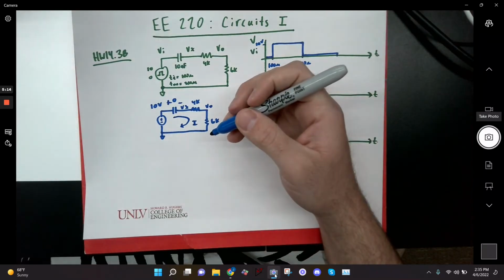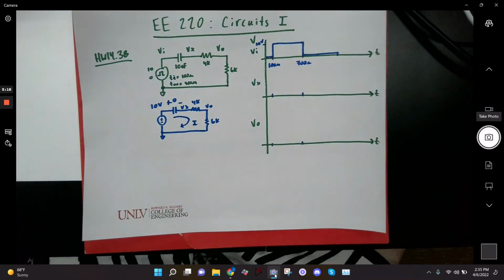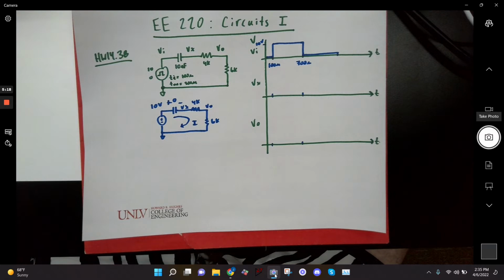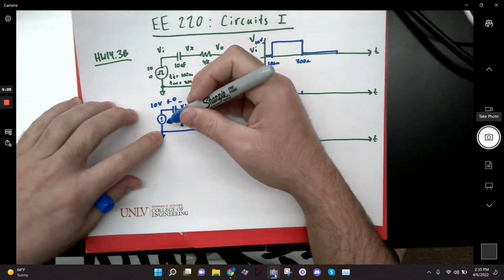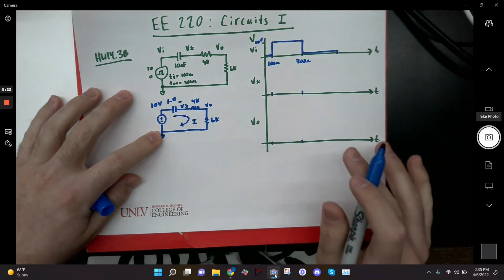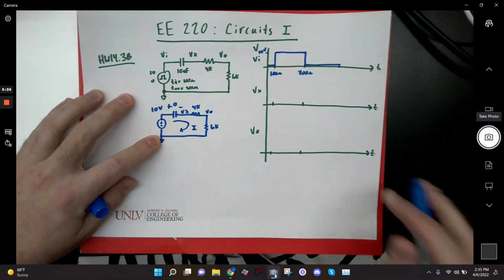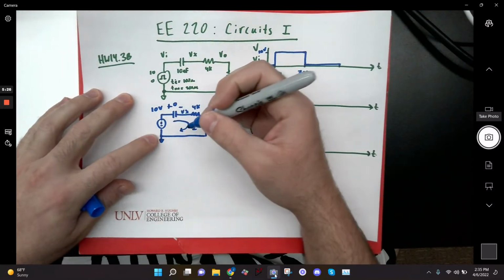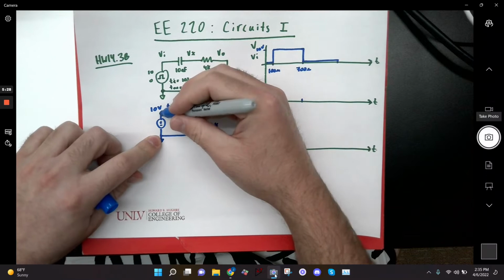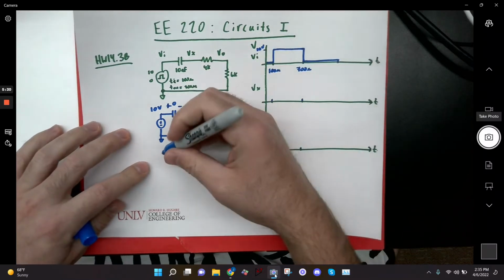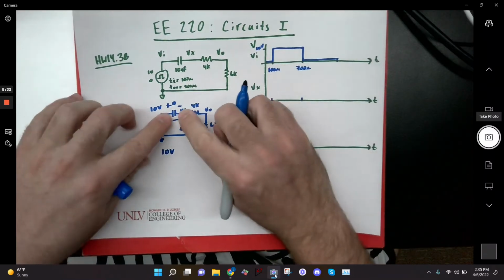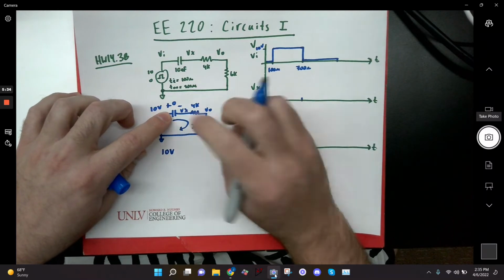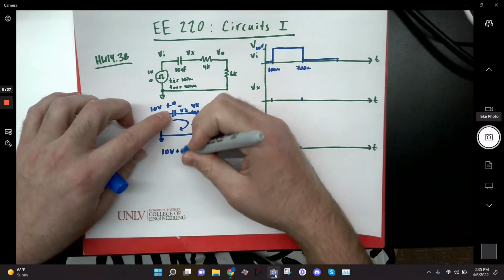So if I do KVL, all I care about is the voltage drops across each component in the circuit. I'm going to start at the bottom of the battery, just like I would for any KVL, okay? And when I go from the bottom to the top of the battery, I go up by 10 volts, so I'm going to write 10 volts. Now the capacitor has no voltage across it, so I could write plus 0 or minus 0.